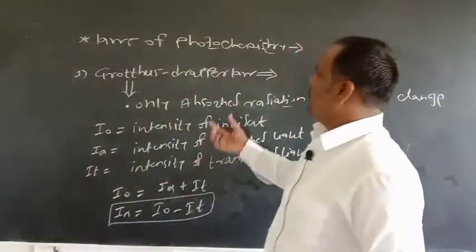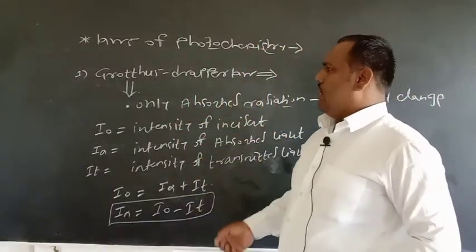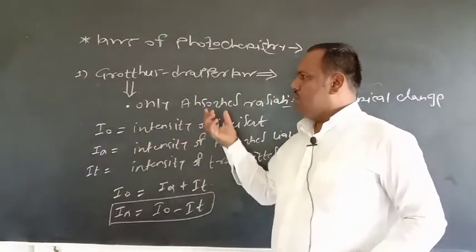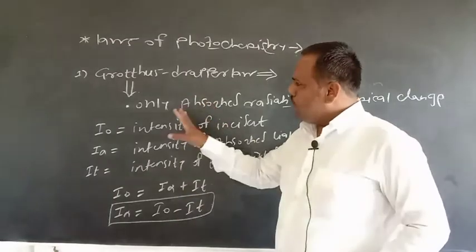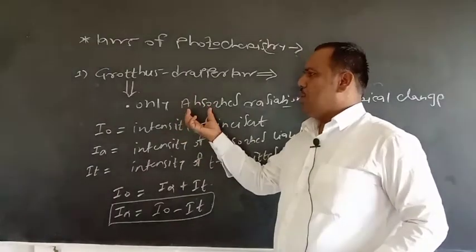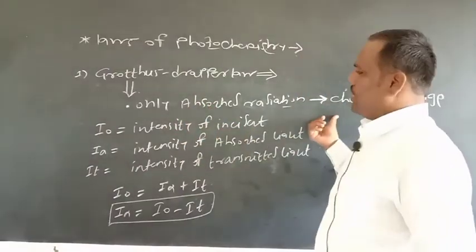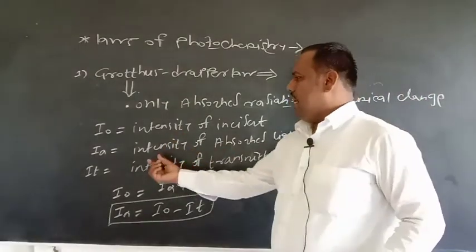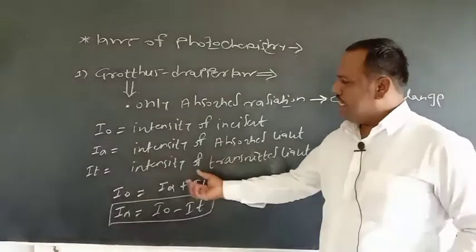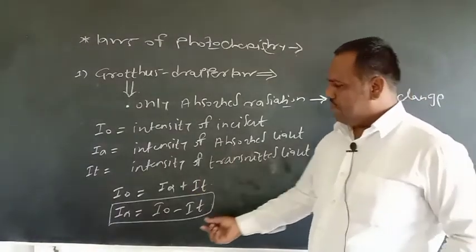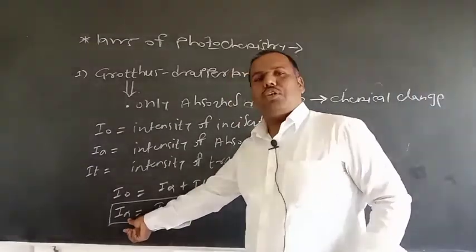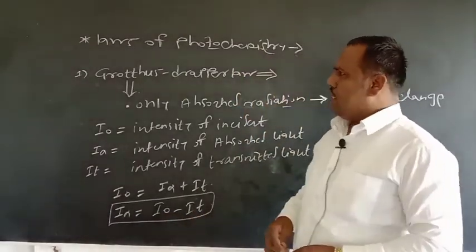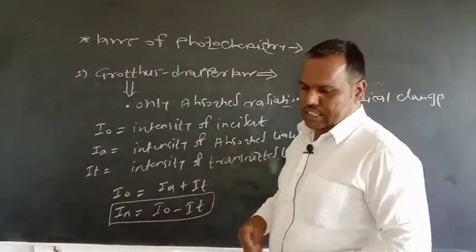According to the Grotthus-Draper law, not all the radiations are absorbed by the molecule or the system. Only the radiation which is absorbed results in the chemical change. If I0 is the intensity of incident light, IA is the intensity of absorbed light, and IT is the intensity of transmitted light, then IA equals I0 minus IT. So this is regarding the Grotthus-Draper law.